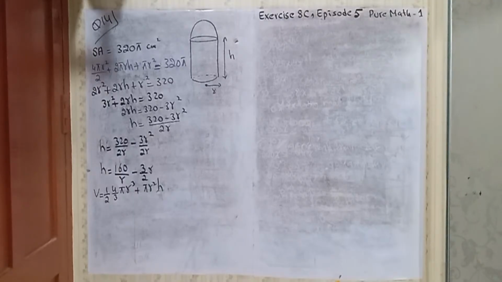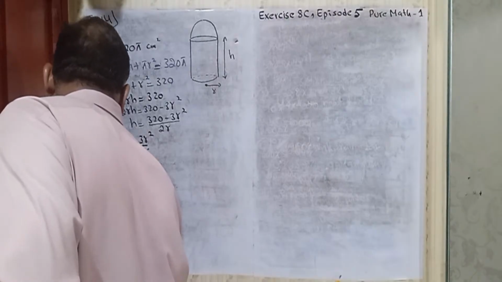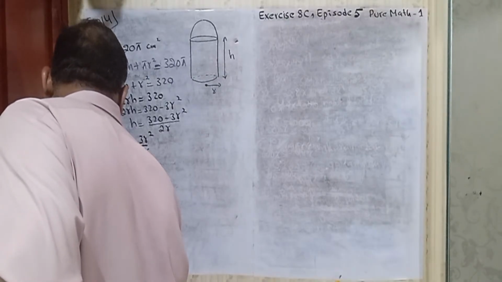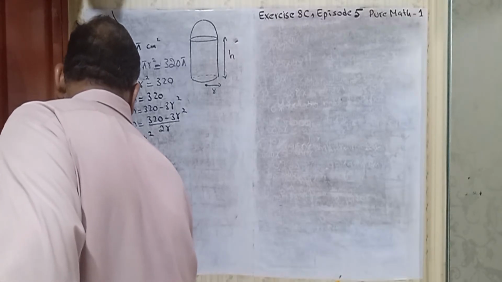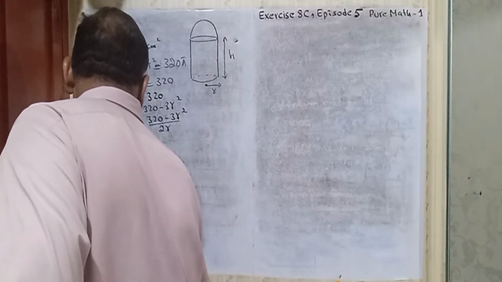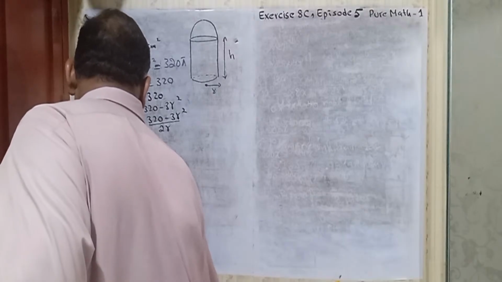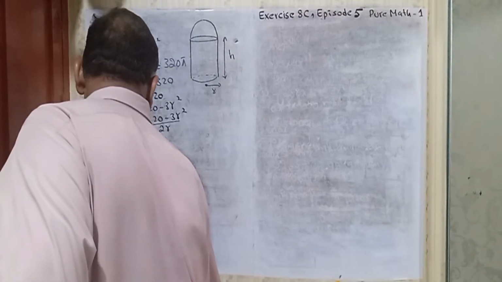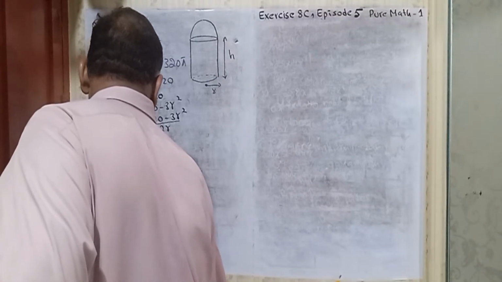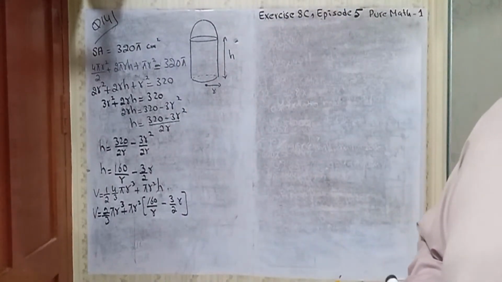V will be equal to 2 by 3 pi r cube plus pi r square bracket 160 by r minus 3r by 2 bracket close. What I have done there is just substituted the value of h.